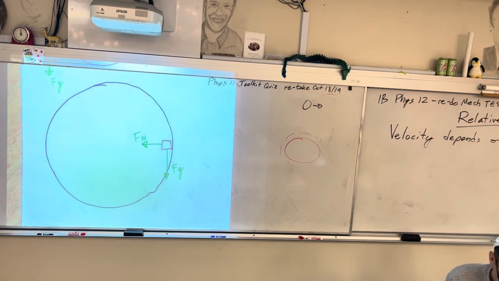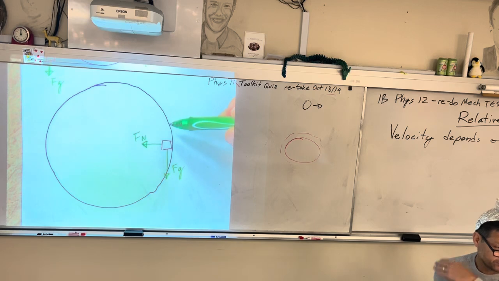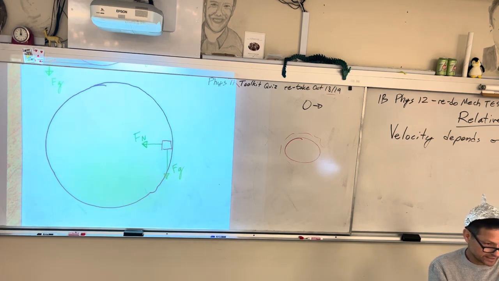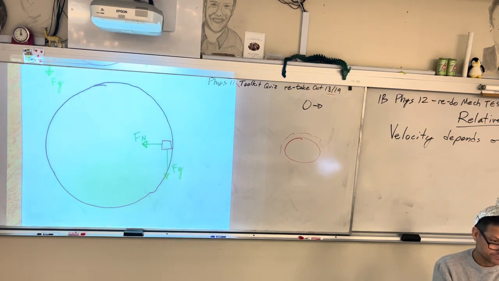For you to have no normal force there, you would have to do that. And again, if we had a jetpack and you had another force up here and these two were equal, then you could maintain perfect constant speed all the way around, right? As it is now, what has to happen? You have normal force, so you can have a circular motion, but is it a uniform circular motion?